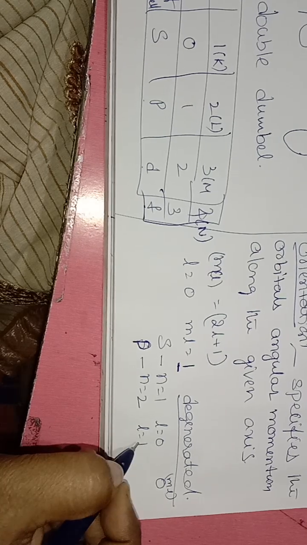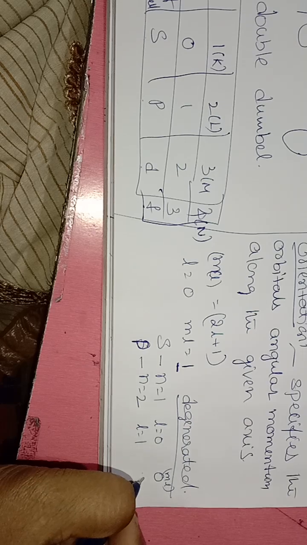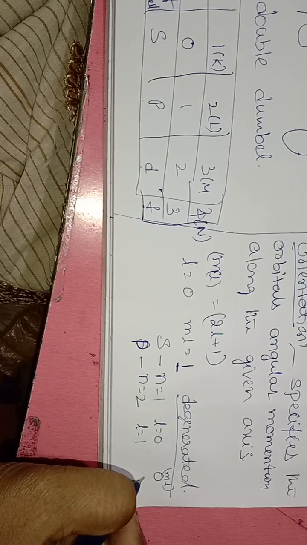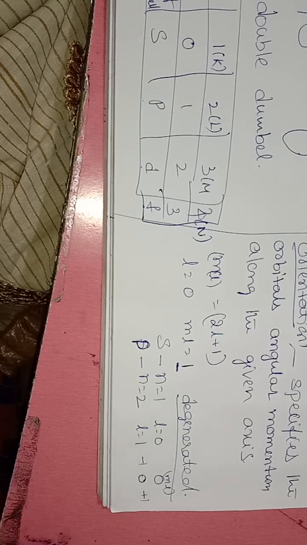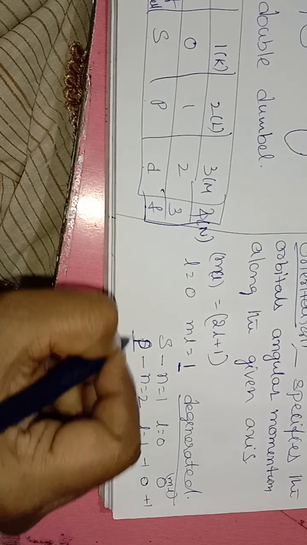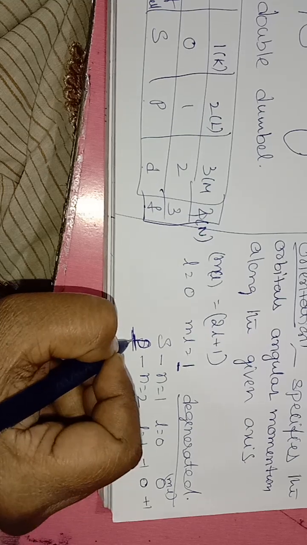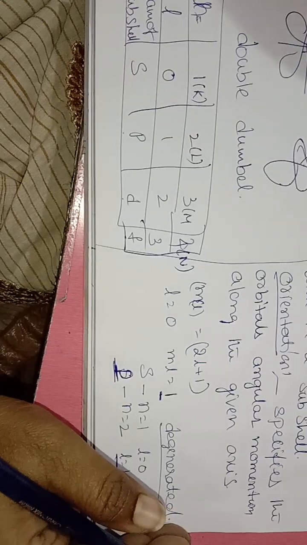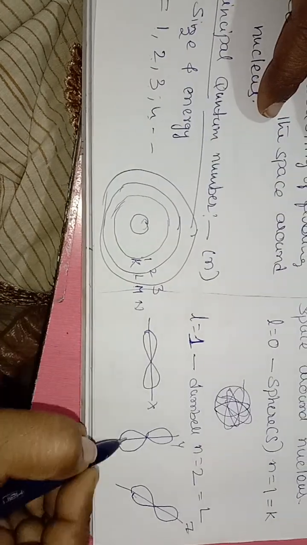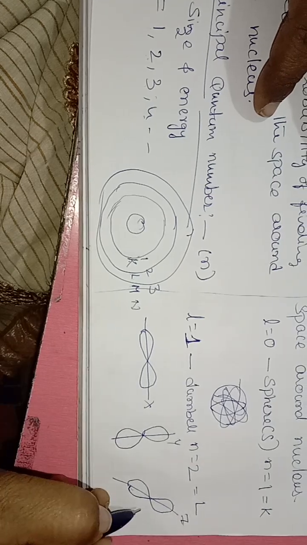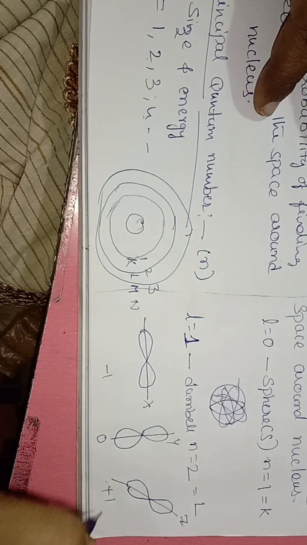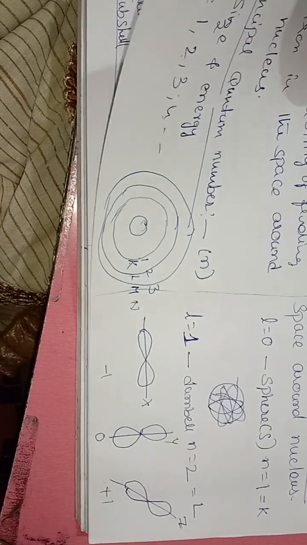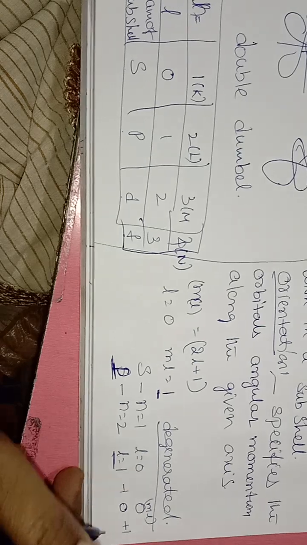In this dumbbell shape we have 3 dumbbell shapes, x-axis, y-axis, z-axis, so ml values can be given as 0, minus 1, plus 1. We are assigning values to these degenerate orbitals.